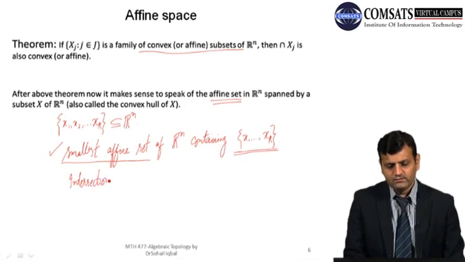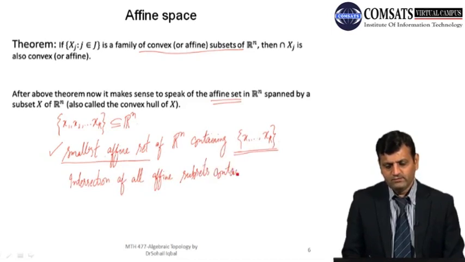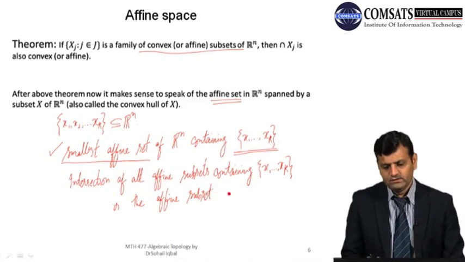the intersection of all affine subsets containing x1 up to xk is the affine subset spanned by x1 up to xk.